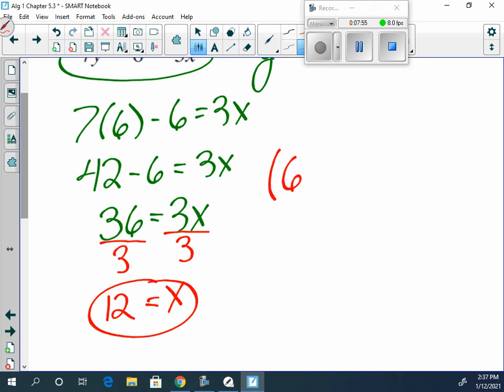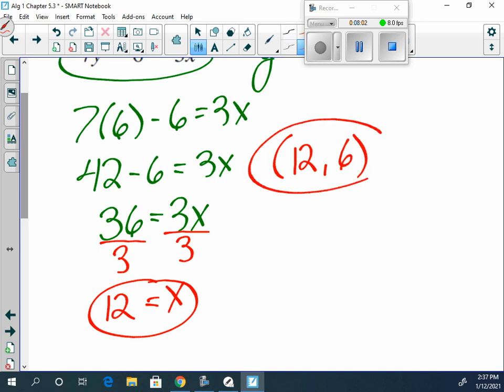So the final point would be not 6, because x always goes first, so it'd be 12, comma 6. So the solution for this here would be 12, comma 6. That would be our answer.